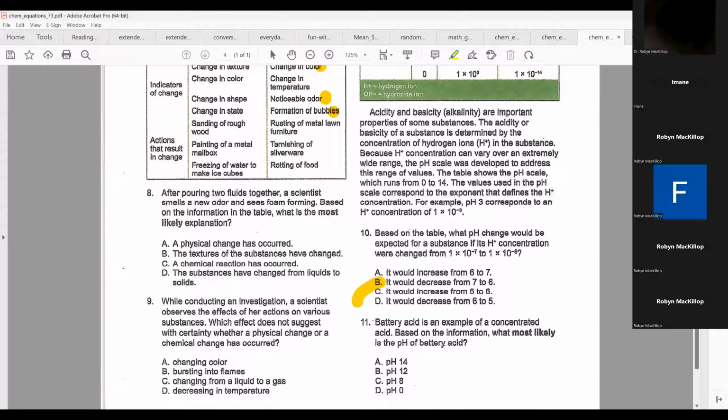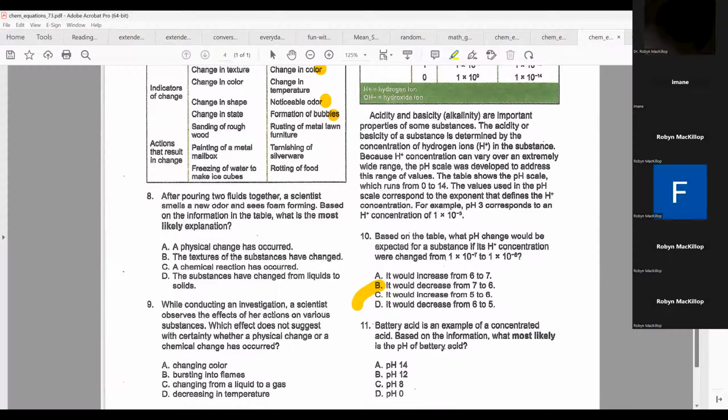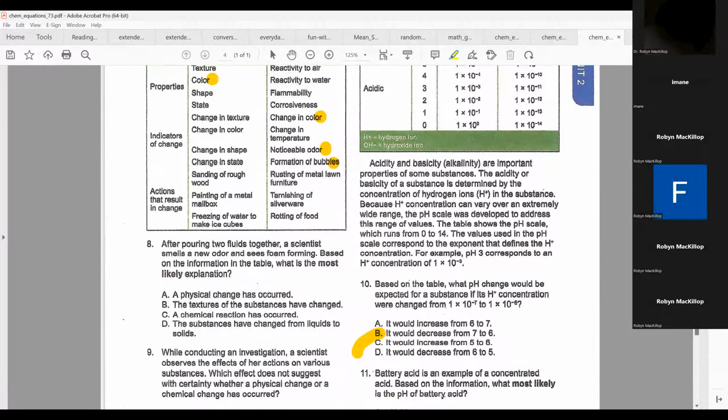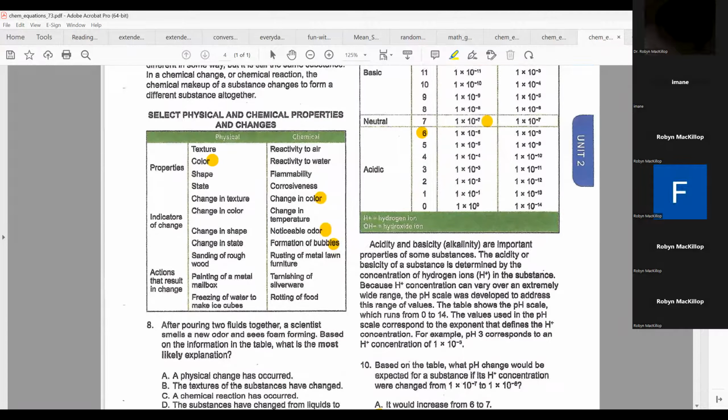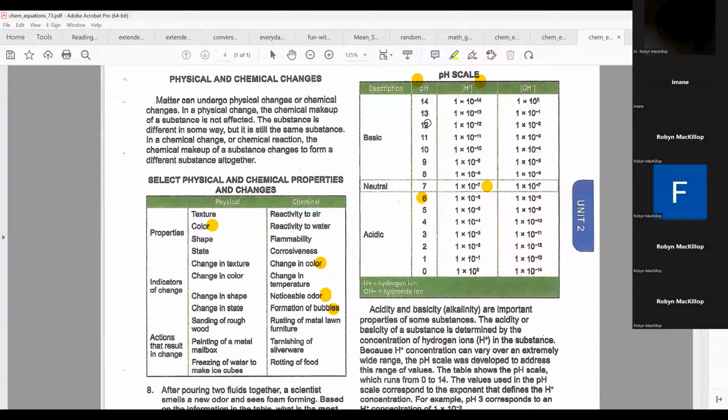All right, battery acid is an example of a concentrated acid. Based on the information, what most likely is the pH of battery acid? And they give us 14, 12, 8, 0. So I'm going to come back up here. We're looking for the most acidic.